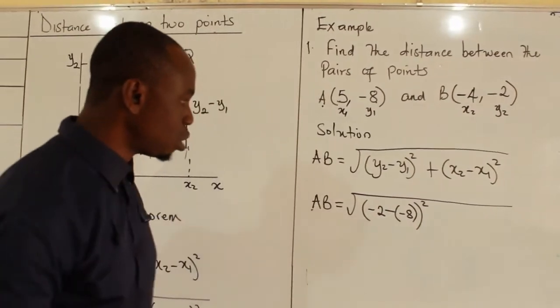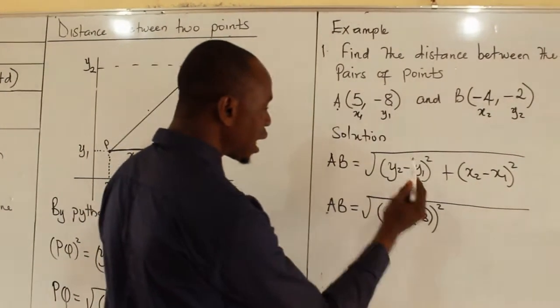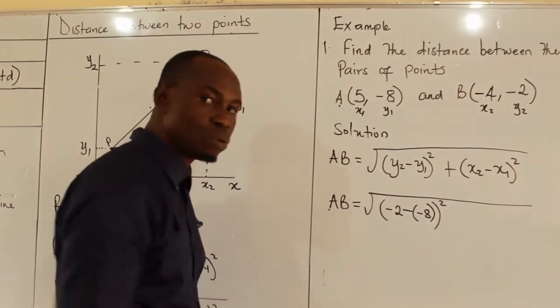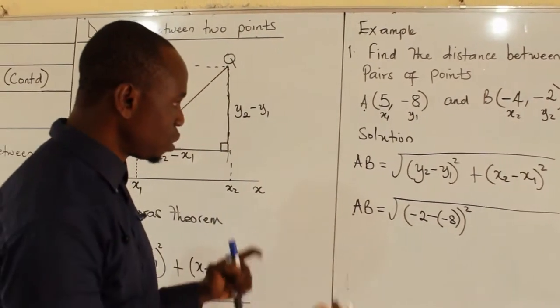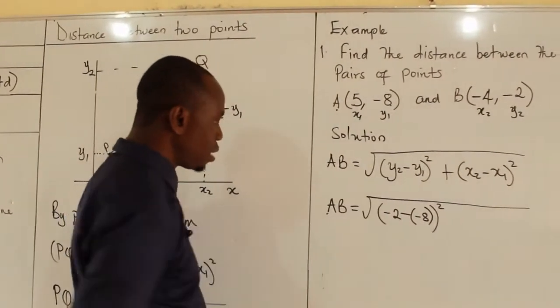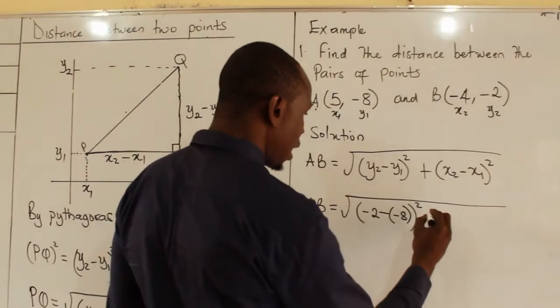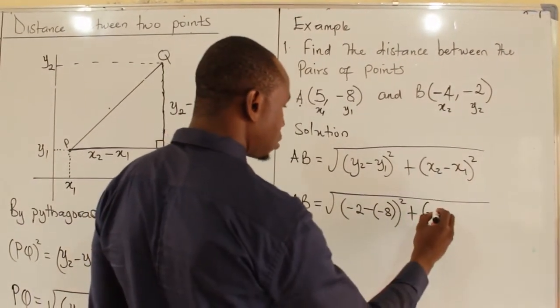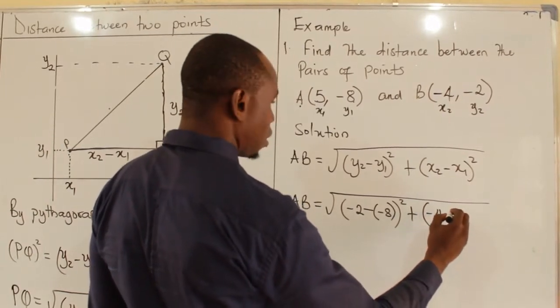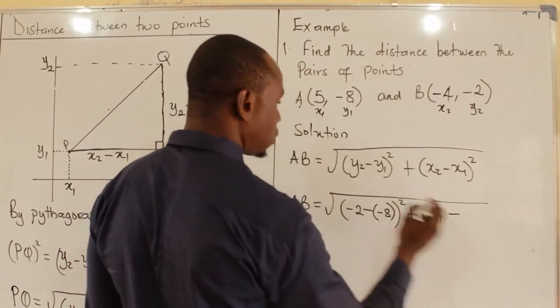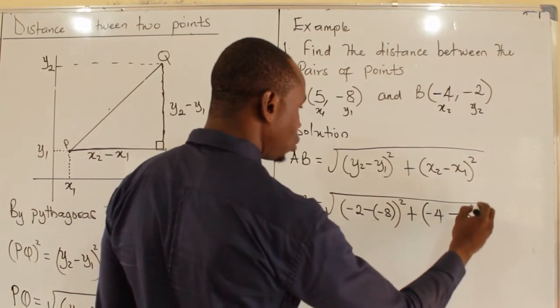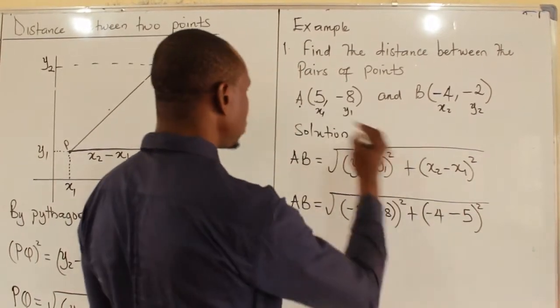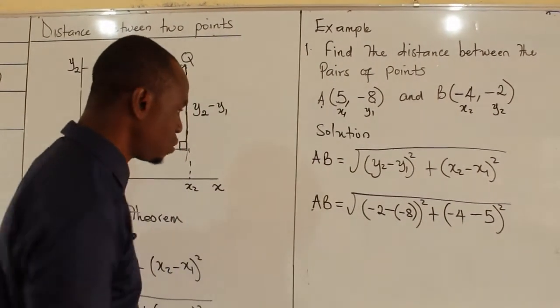Mathematics students should understand that when a number has a minus sign, you enclose it in a separate bracket to separate the existing minus sign. Then I have plus x2, from this is minus 4, minus x1 is 5. So I don't need to put another bracket because x1 was just a positive 5.